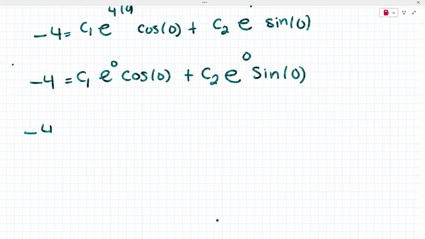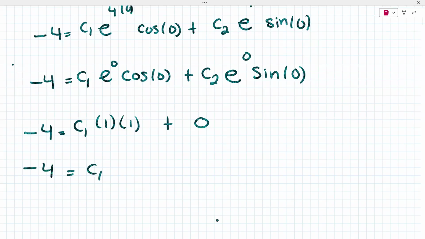So e raised to the 0 is 1. What is cosine of 0? 1. Plus sine of 0, which is 0, and anything times 0 is 0. So 1 times 1 is 1, so C1 equals negative 4. That's one of your answers, that's your C1.